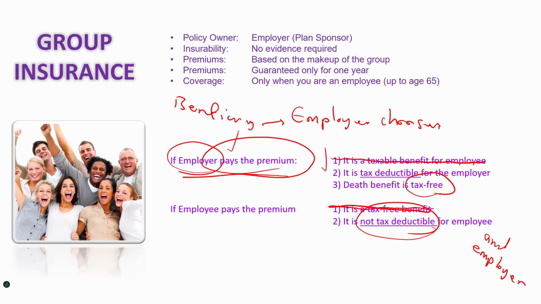So if the employee is paying for the premiums, no one can actually use it as tax deductible. But the death benefit again is going to be tax free, which is really important. So regardless of who pays the premium, the death benefit is tax free. If the employer pays a premium, it's tax deductible for the employer. If the employee pays a premium, it is not tax deductible for anyone. But that was for the employees.